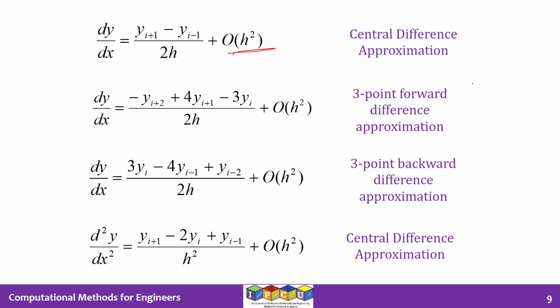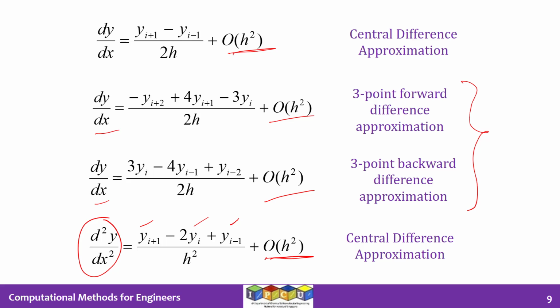Please note that for 3-point forward and backward difference approximation, the truncation error for dy by dx is of the order of h squared. For the second derivative, the central difference approximation, which is based on 3 points, has a truncation error of the order of h squared.